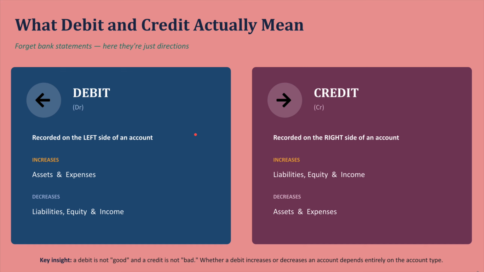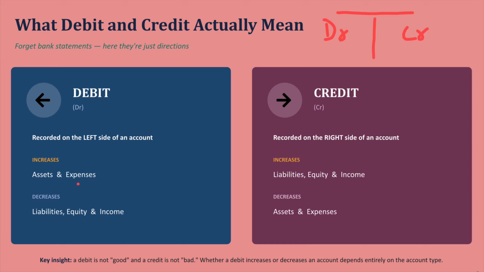So what is debit? Debit is usually recorded on the left side of an account. Any account will be in a T format like this. This side is the debit, this side is the credit. When will you debit? Any increase in asset or increase in expenses will be debited.